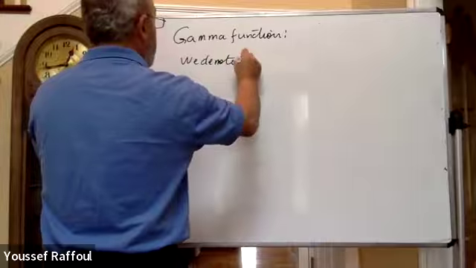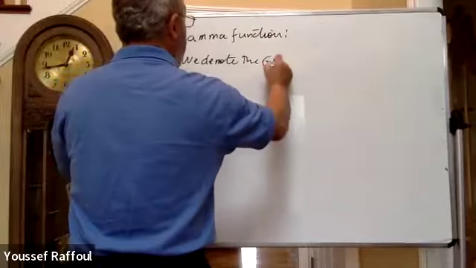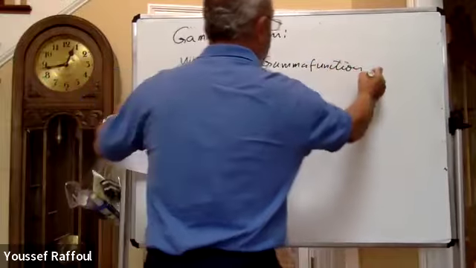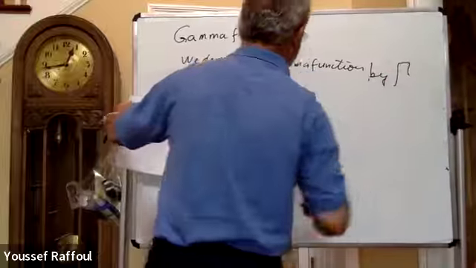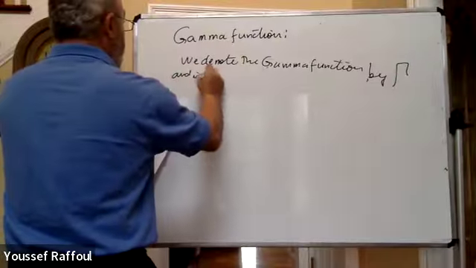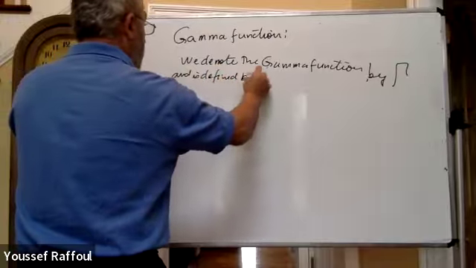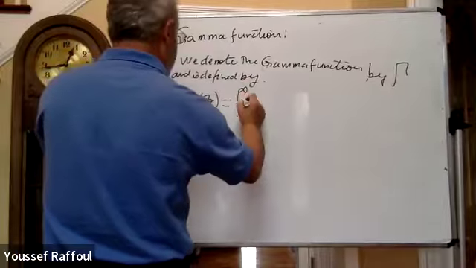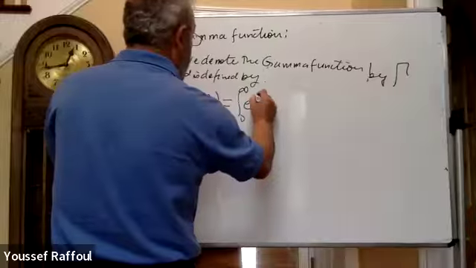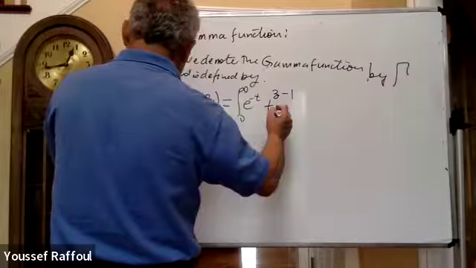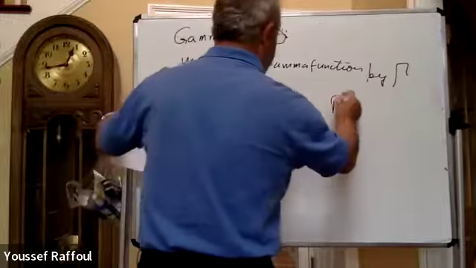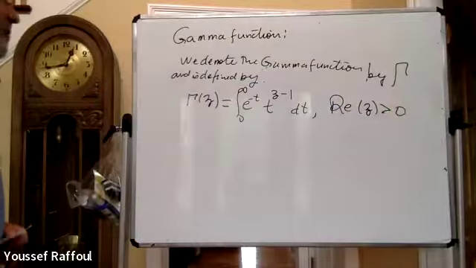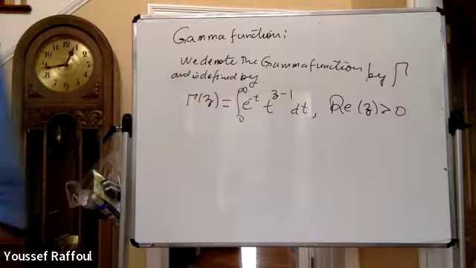We denote the gamma function by this symbol and it is defined by gamma of z equals the integral from 0 to infinity of e to the minus t, t to the z minus 1 dt, where the real part of z is positive. So that is the gamma function.